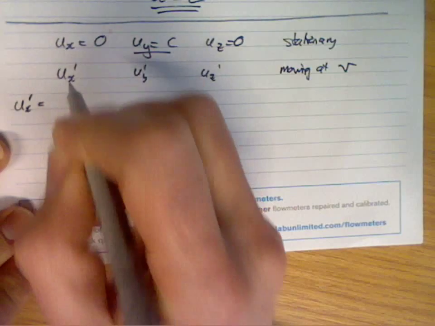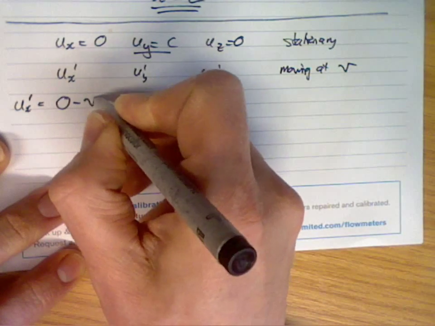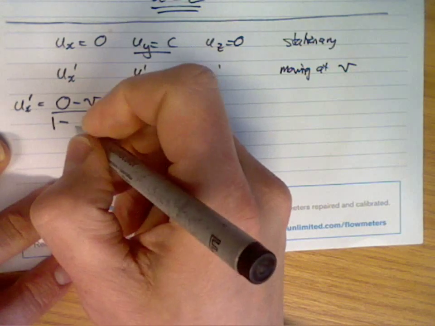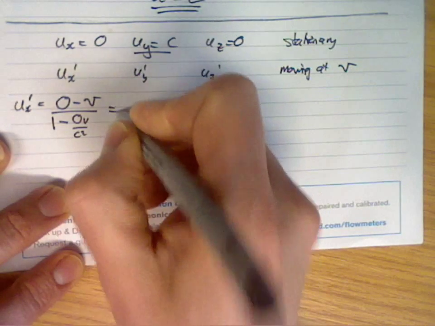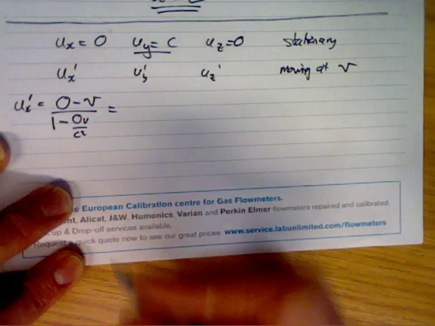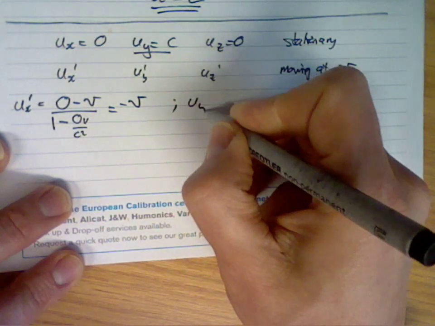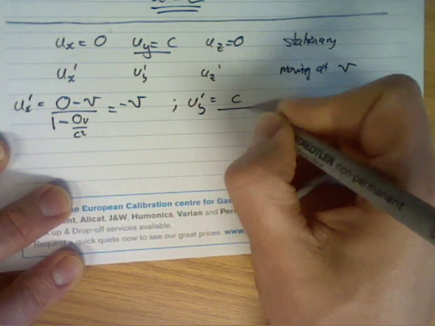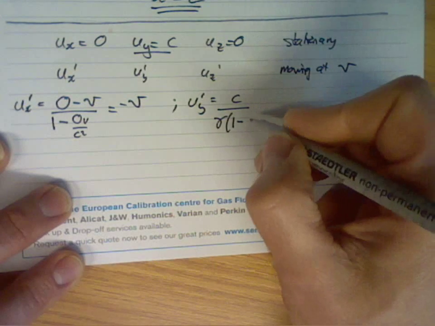Ux prime is going to equal ux minus v, so it's 0 minus v, divided by 1 minus ux, which is again 0, times v over c squared. So ux prime is basically minus v. We then want to look at uy prime. Uy prime is going to equal uy, which is c, divided by gamma times 1 minus ux, and we said that's 0.